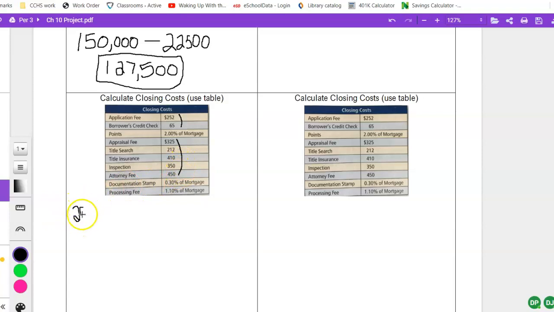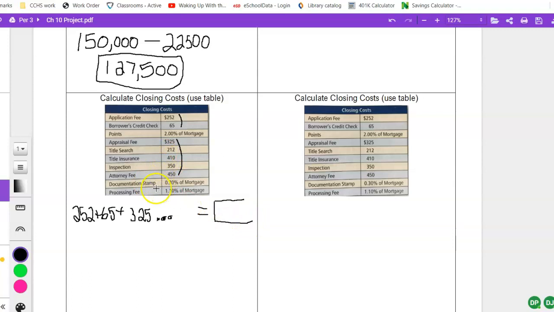So 252 plus 65 plus, I'm skipping the percentages for now, and I'm going to the 325. Now, you're going to have to keep going, okay? Plus the next thing, plus the next thing. I've got 1, 2, 3, 4, 5, 6, 7 fixed costs that I'm going to have to add up. So 7 numbers I'm going to add up, get my fixed cost. That's going to be my first thing for my closing costs right here.